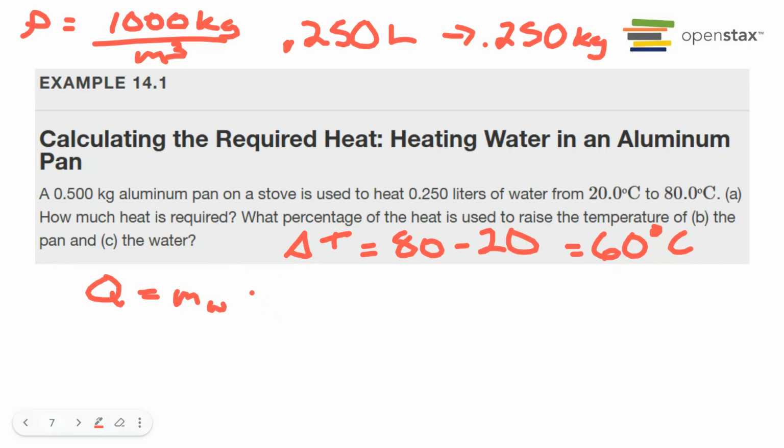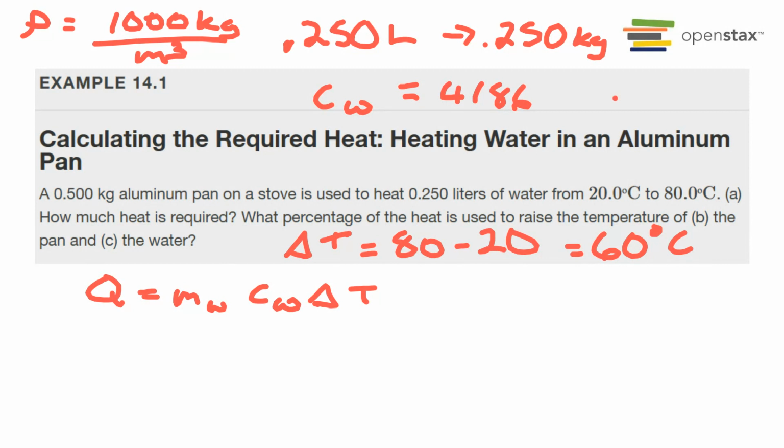So the mass of the water times the specific heat of water times delta T. The specific heat of water is 4,186 joules per kilogram per degree Celsius.